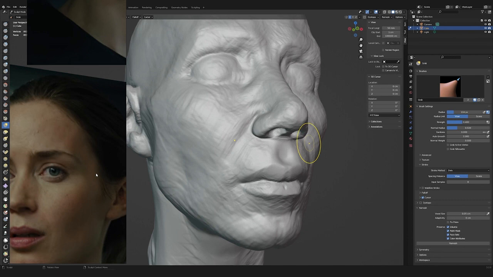You want to train your eye to be able to read the volumes. And then afterward, of course, your job is to go on the 3D model and sculpt those volumes the way that you are seeing them. But when I started talking about this, I had mentioned anatomical knowledge.